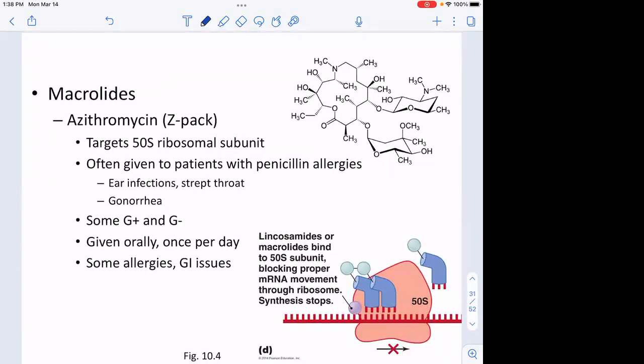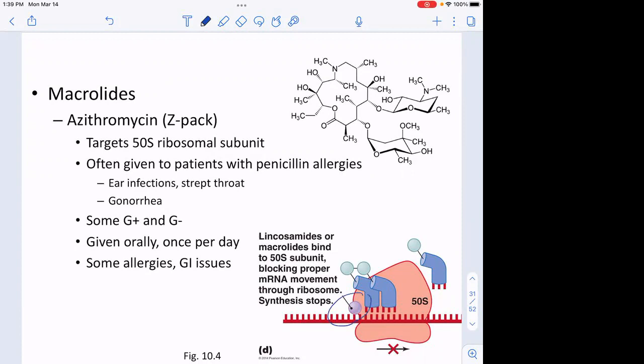One more class of drugs that are protein synthesis inhibitors, the macrolides. And the mechanism of action here is a little bit different. It actually binds to the large subunit of a bacteria instead of the small one.